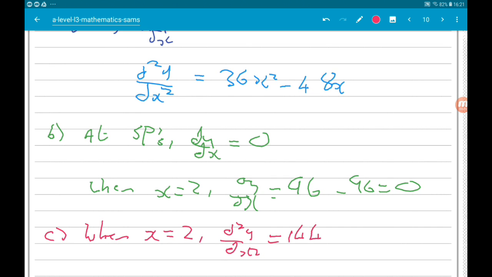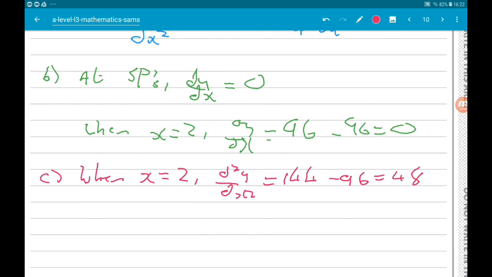Minus 48 times 2, so minus 96. Now that is 48. Now, 48 is greater than 0. Now, when the second derivative is greater than 0 at a stationary point, that point is a minimum.